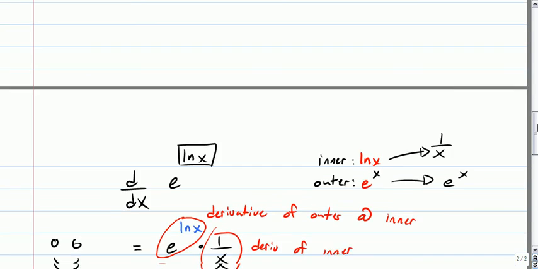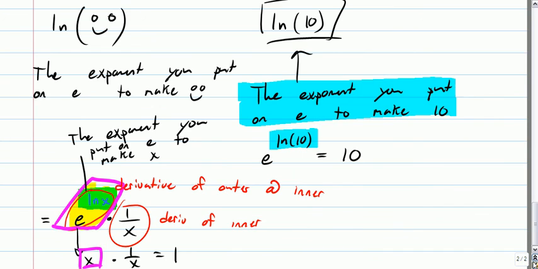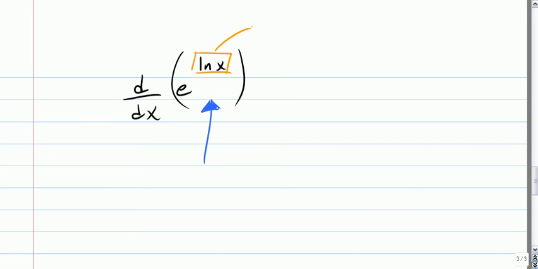So come back to what you were asked initially to find the derivative of: e to the natural log of x. I said, d dx, e to the natural log of x. And what if you said, you know what, Mr. Lund, before I find the derivative of that weird thing, what if I simplified what was in parentheses? What would that simplify to? You'd say, that is the exponent you put on e to make x.